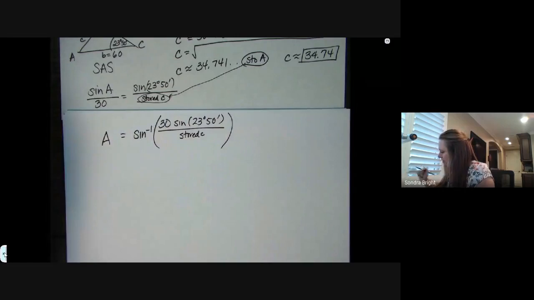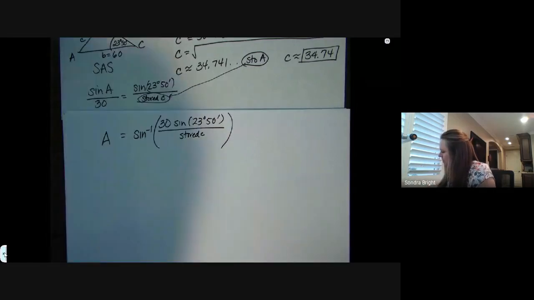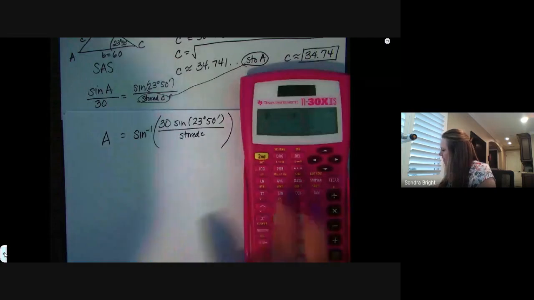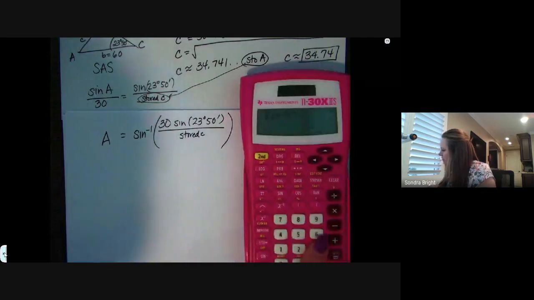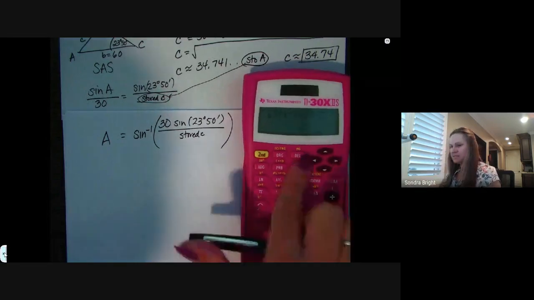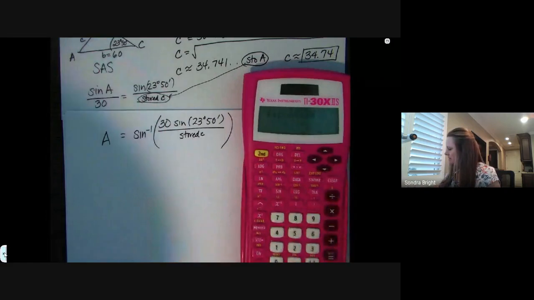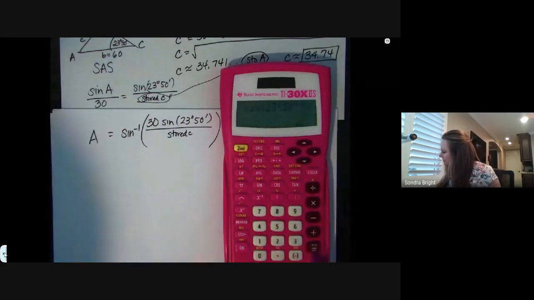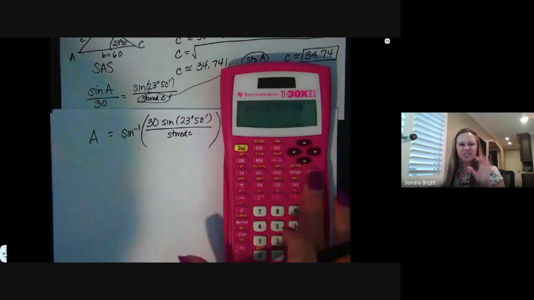Okay, I've got inverse sine of 30 times sine of 23 degrees 50 minutes. Make sure you end the parenthesis there. As you started the sine, it started a parenthesis, right? Divided by, and then my stored C value, but I stored it under the letter A.